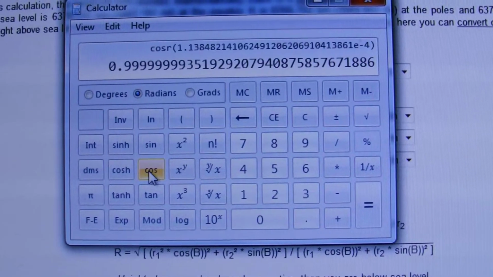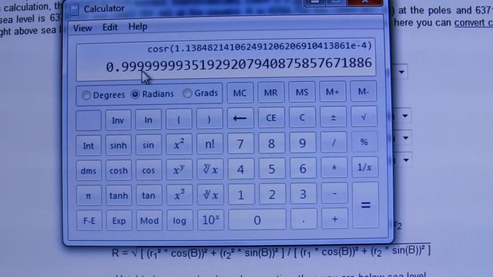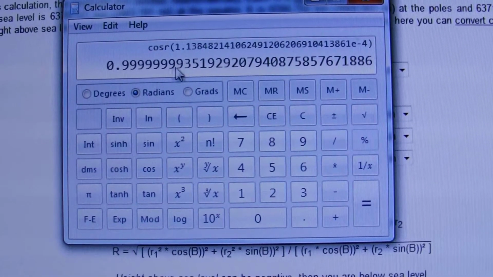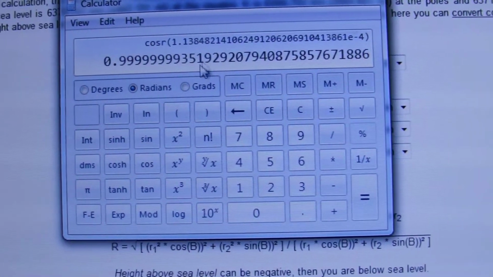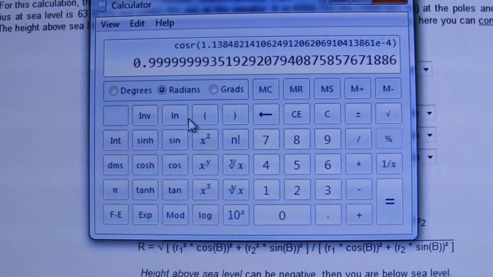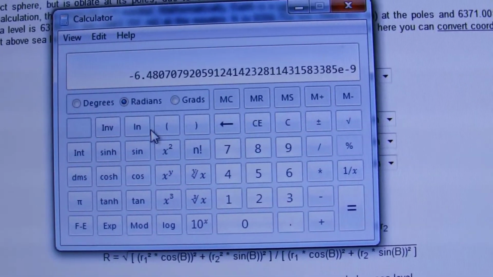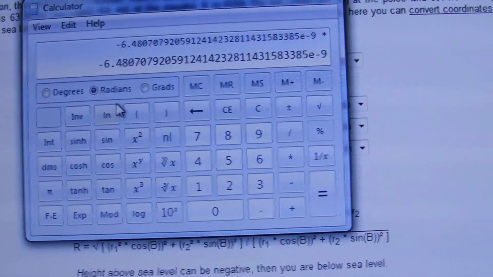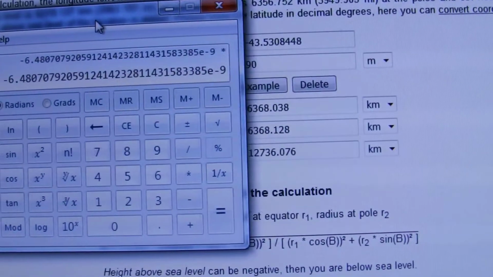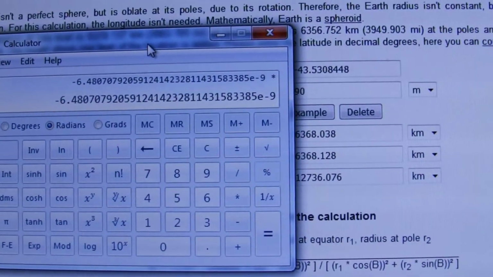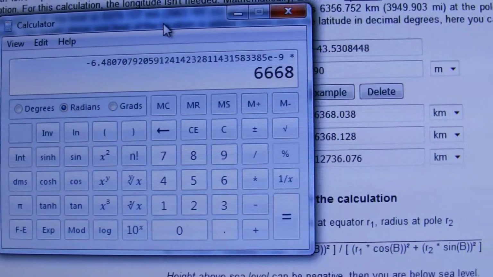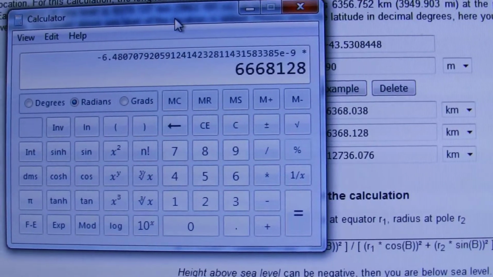If I take the cosine of that, it is 0.99999999352, also known as 1. And minus 1 is times, what was that number again? 6368128.